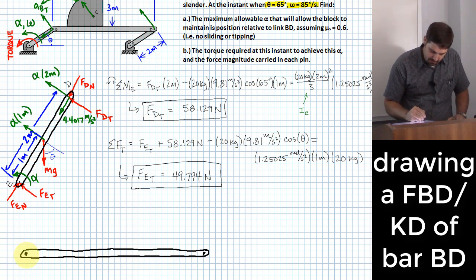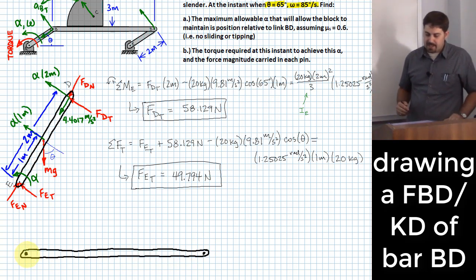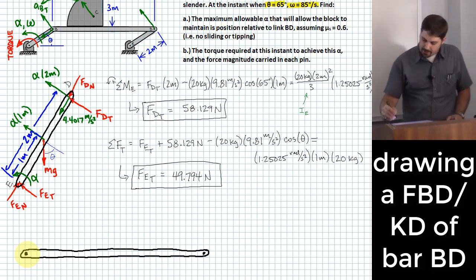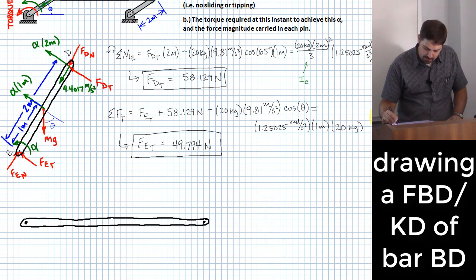All right. So what kind of forces do I have applied to member BD? Yeah, I have those forces that I had down here. I have FL and FR. FL is 116.755 newtons.